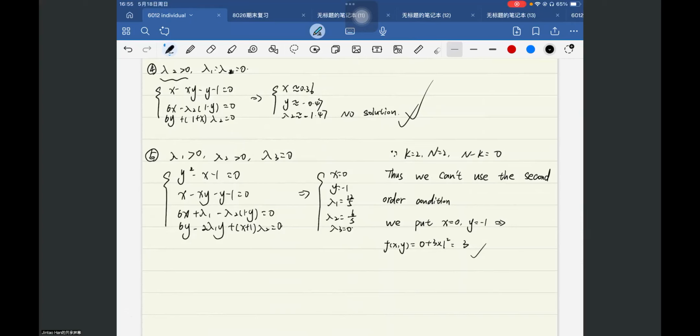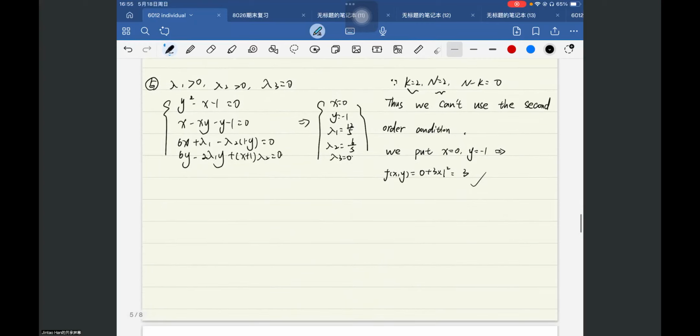In this situation, k is 2 and n equals 2, so n minus k is 0. So we can use the constraints and solve x equal to 0 and y equal to negative 1. We put x and y into f(x,y) and got f(x,y) is equal to 3.